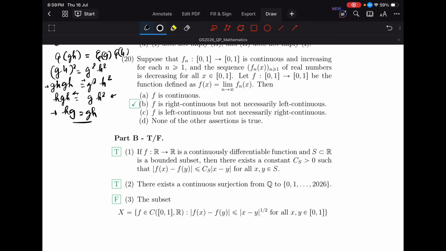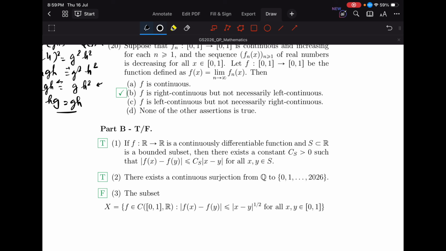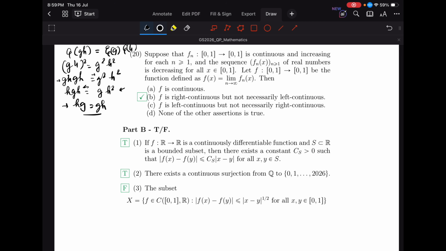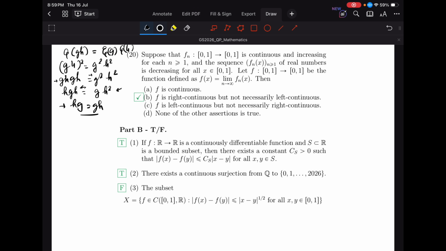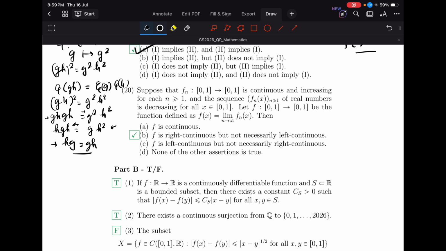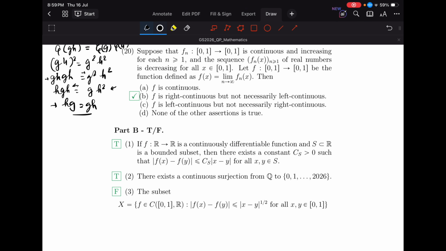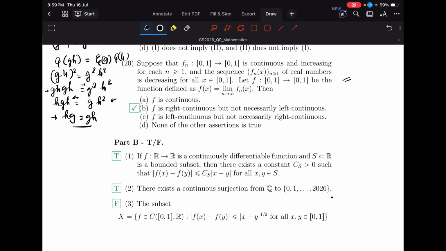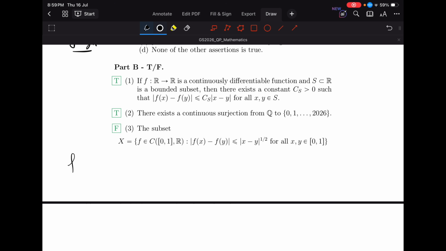So let us just think about it. See, in TIFR or this kind of questions, there are a lot of questions from sequence and series. So this is a very important topic. So let us just define such a function at first. Let us define f_n(x) as x to the power n.